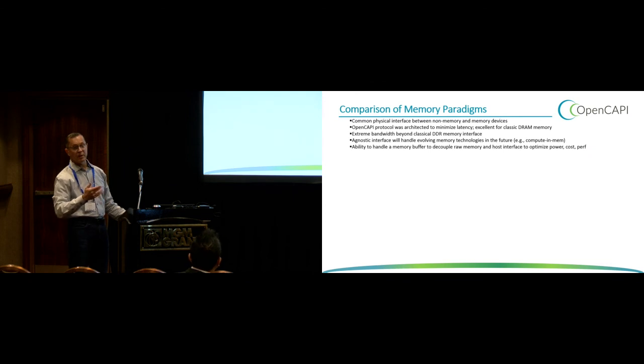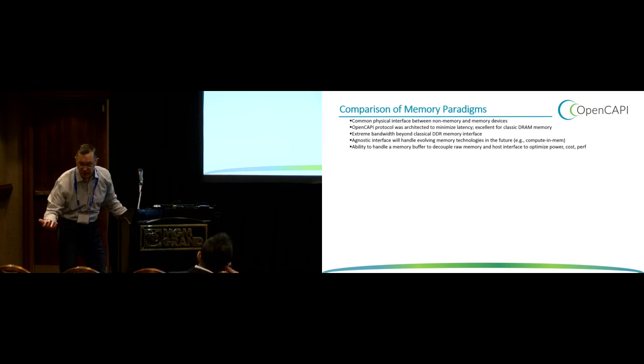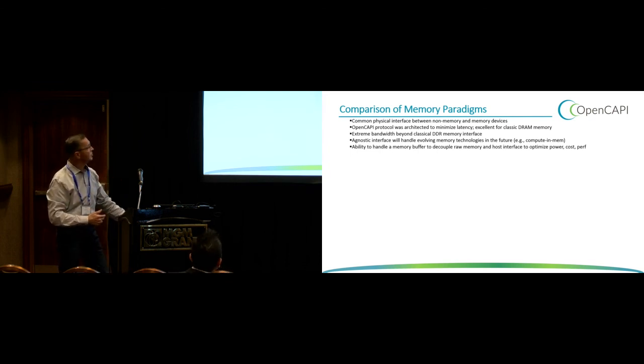And now let's talk about the memory. I'm going to touch a little bit on the memory piece of this. Now you've got a common interface for the memory between non-memory and memory devices, right? So as I mentioned, CAPI 3.0 could be used just about anywhere. Extreme bandwidth for DDR, as I mentioned, you could have right into the memory interface. This is for the buffer chip capability.